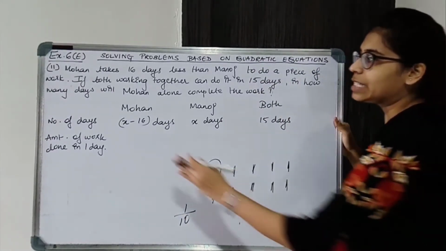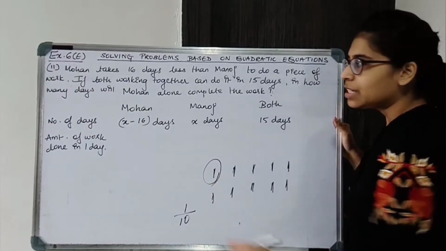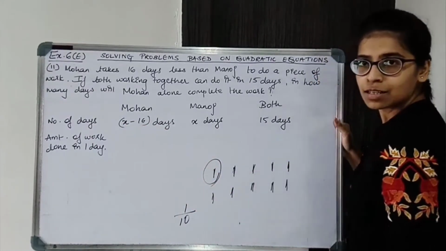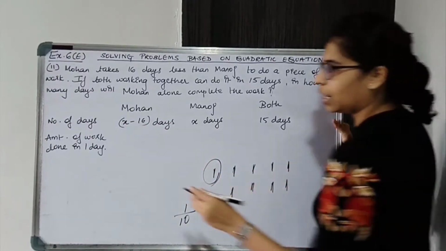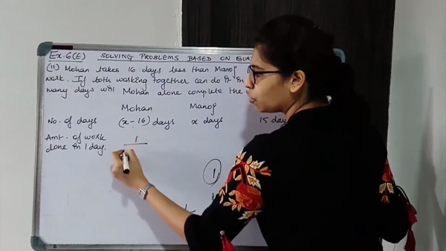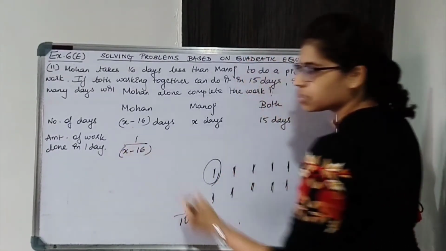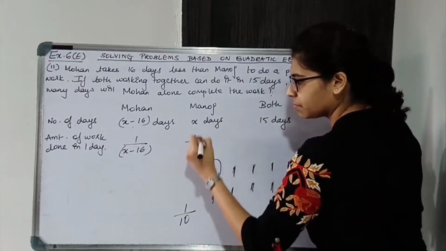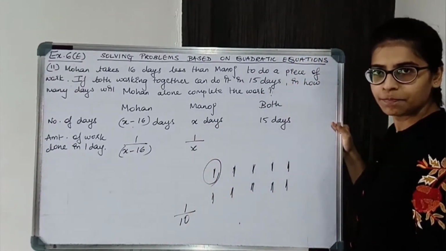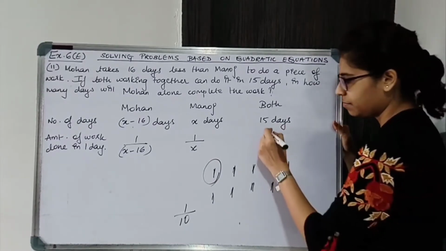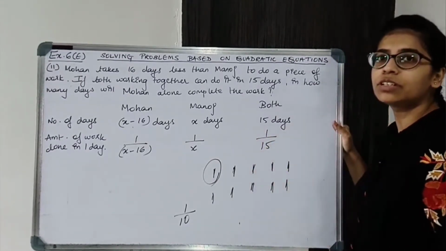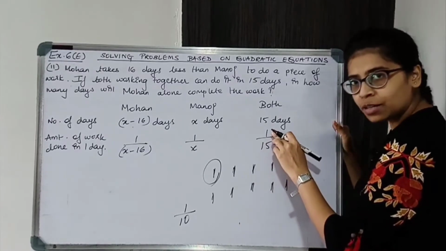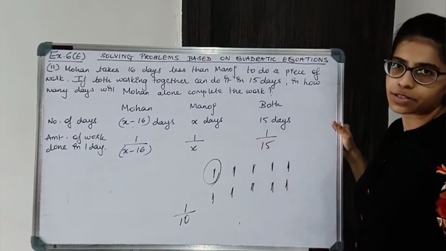Same thing over here. He is taking x minus 16 days, so he is going to finish one part out of x minus 16 parts. Same thing over here, and if both do the work, then they'll do one part out of 15 parts.